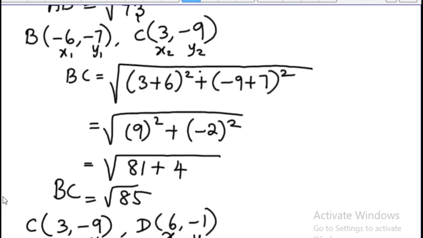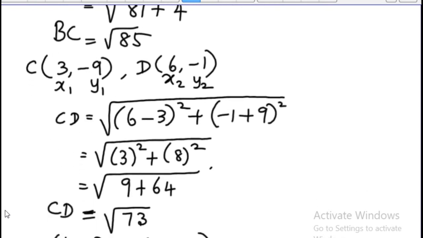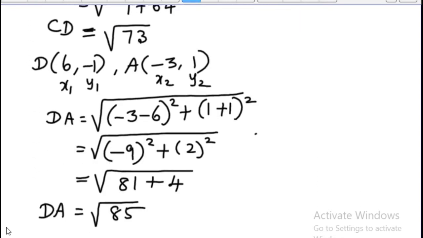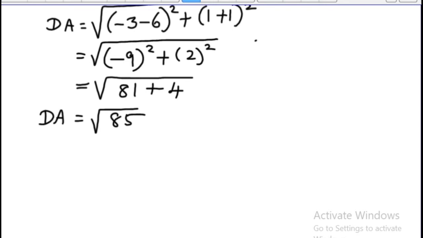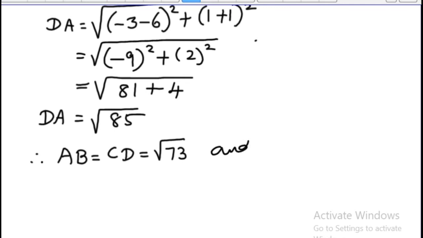AB is root 73 and BC is root 85 and CD is root 73 and DA is again root 85. Therefore, AB is equal to CD is equal to root 73 and BC is equal to DA is equal to root 85.